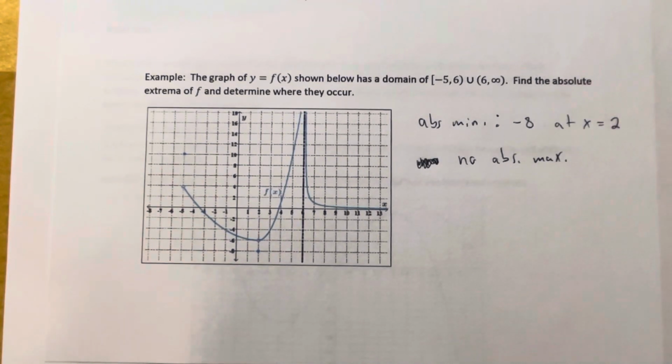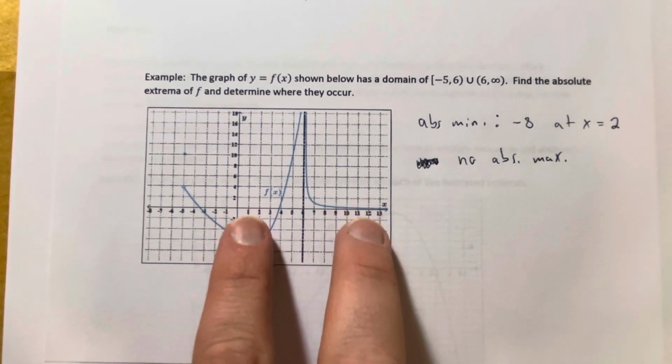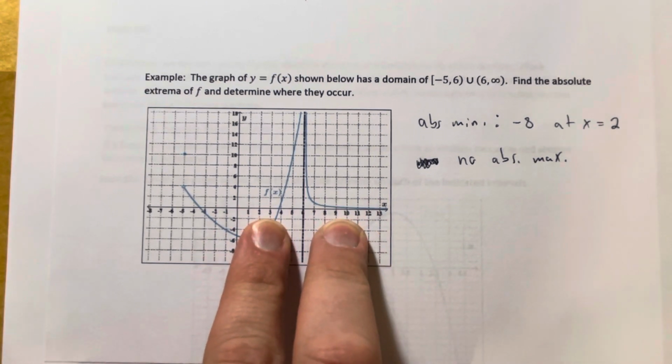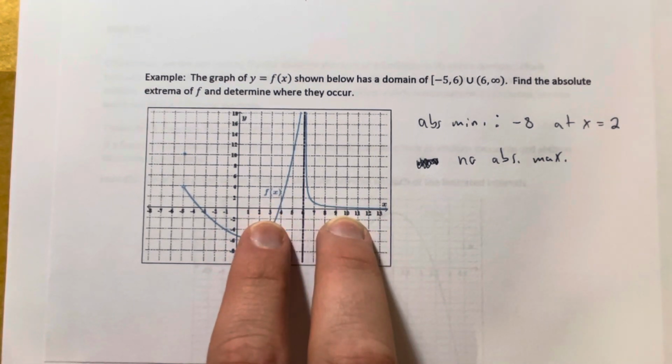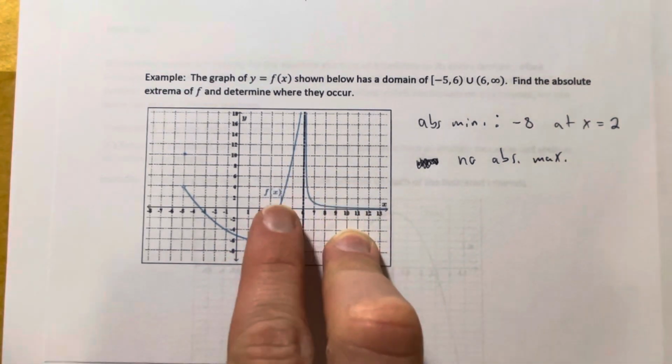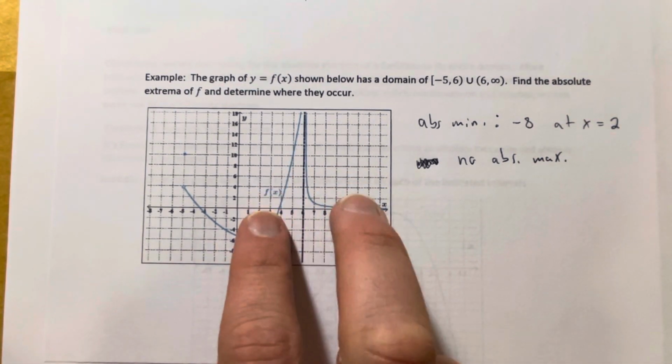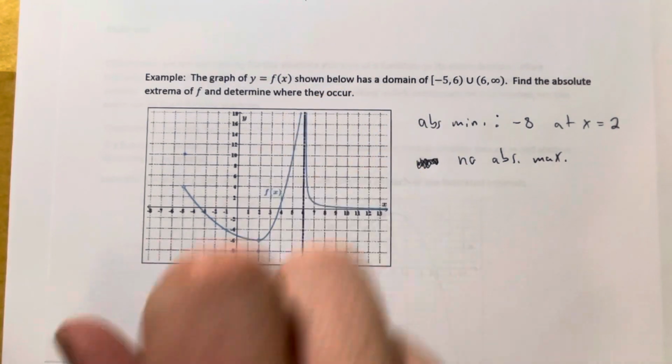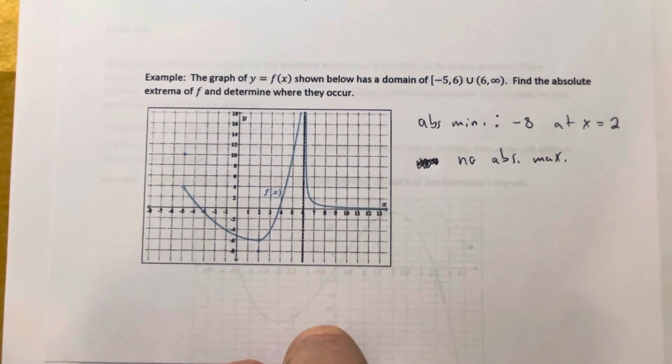if we look at the entire domain, or even if we look at some subset of the domain, maybe a closed interval like from 3 to 9, notice on that interval, the function is discontinuous. It has a vertical asymptote there. And also on that interval, there is no largest value. It doesn't have an absolute maximum.